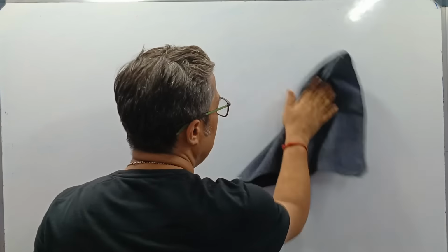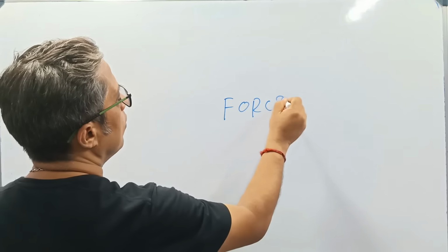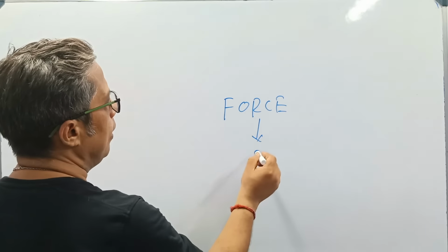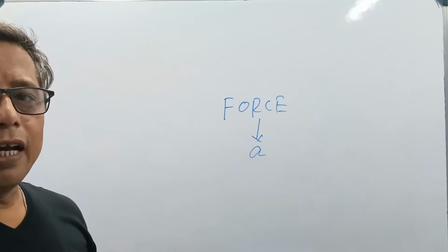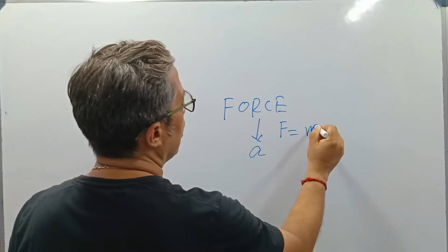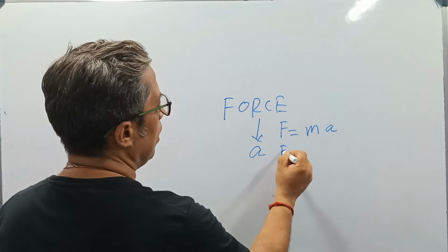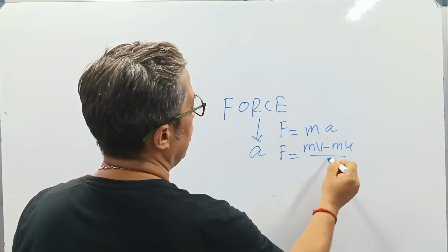Now, who is causing all this? That is force. Force causes acceleration. Who told Newton's second law? As all of you know, force is equal to mass into acceleration, or you can say F is equal to (mv minus mu) by t.